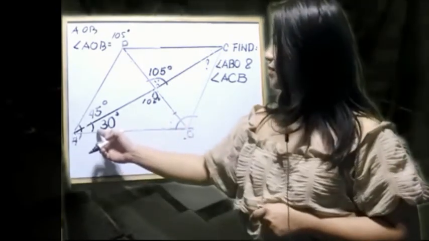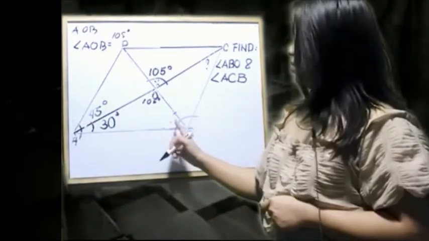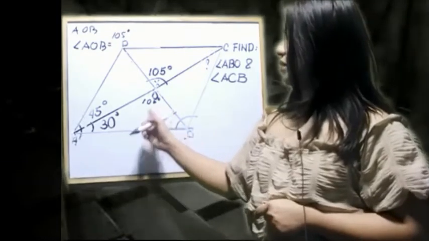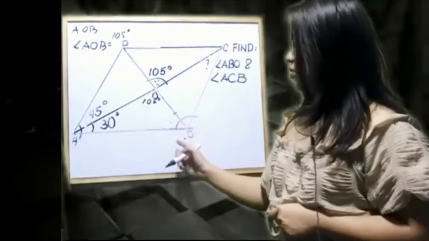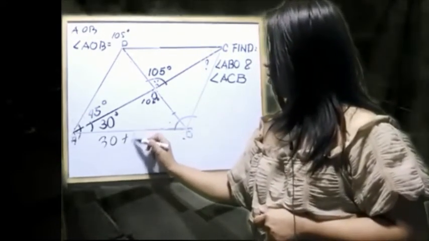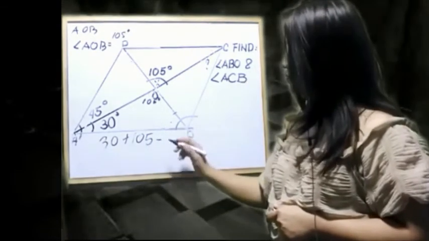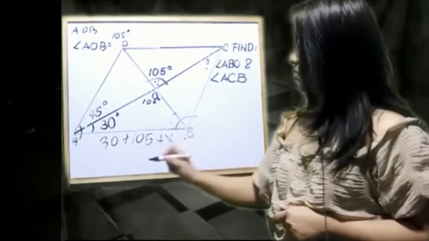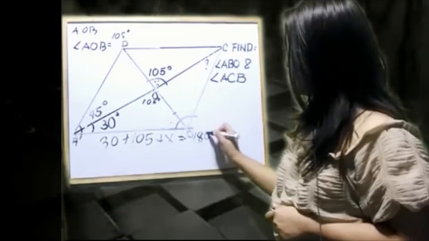We have 30 degrees, we have 105 degrees, and we're just missing one angle measure. 30 plus 105 will give you 135. 180 degrees is the total. We'll add it here: 30 plus 105 degrees plus x, let's name it x, must be equal to 180 degrees.